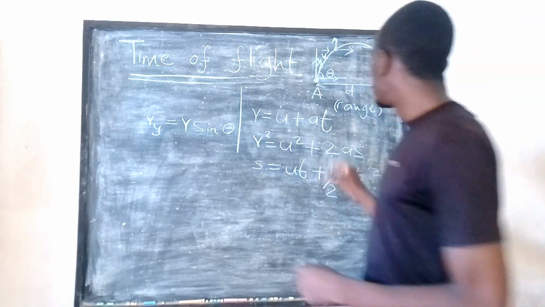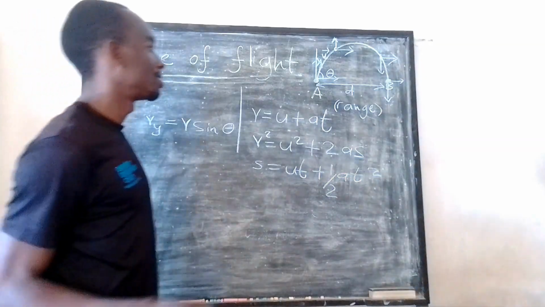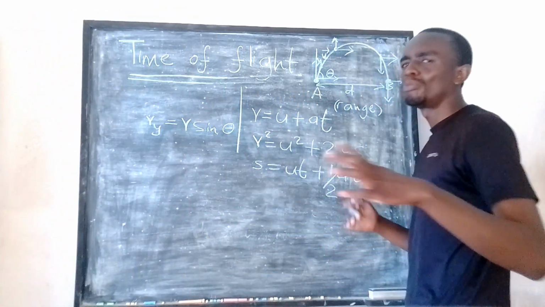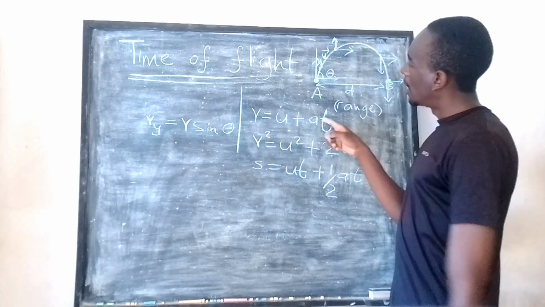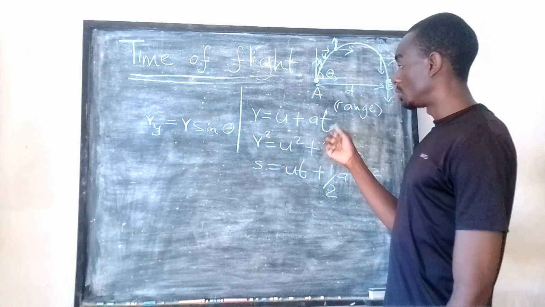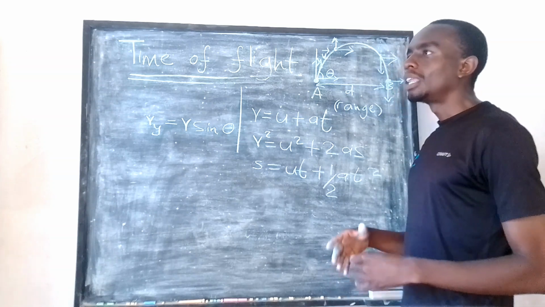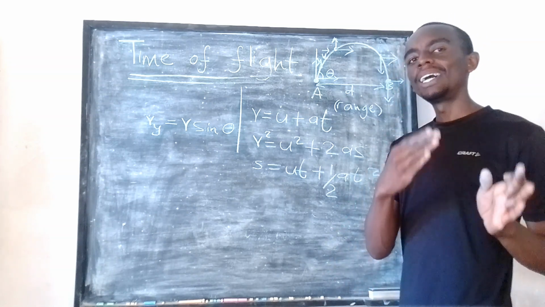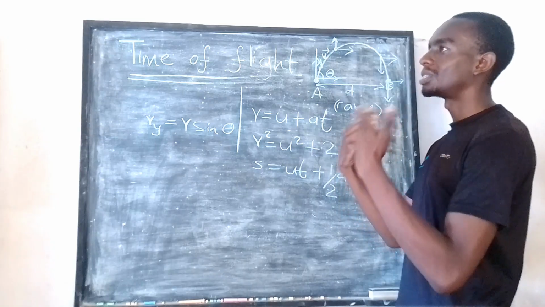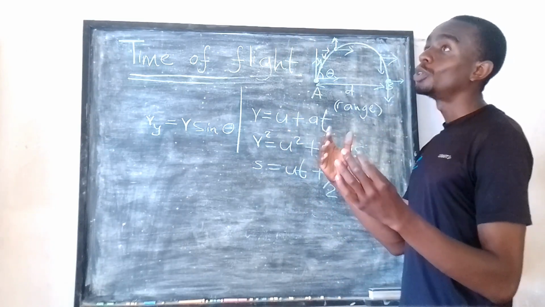So later we're going to be substituting our values, and please bear this in mind. I see a lot of videos, a lot of teachers saying that for the acceleration due to gravity, when our object is moving downwards, you use a negative value, say minus 9.81 meters per second squared, and when it's moving upwards, please use a positive value.